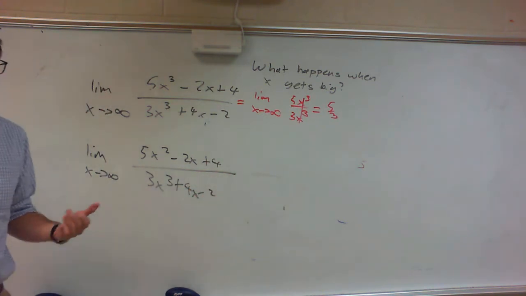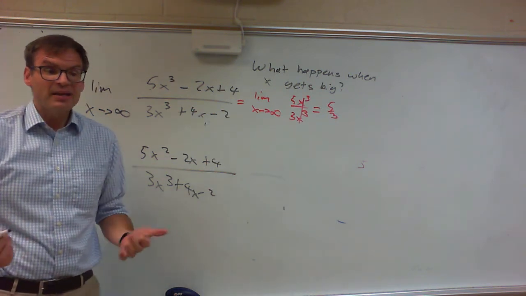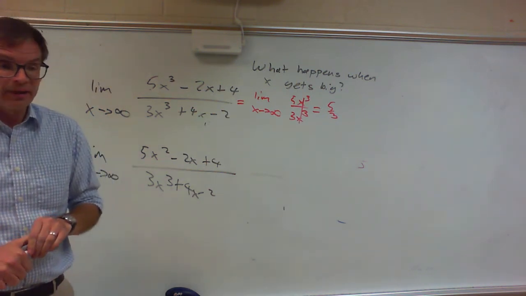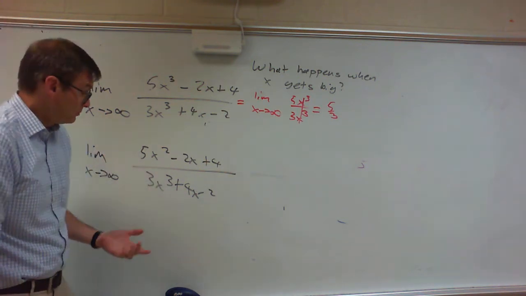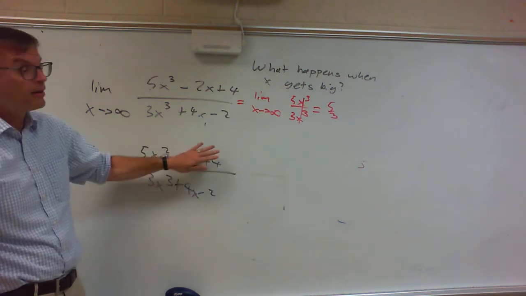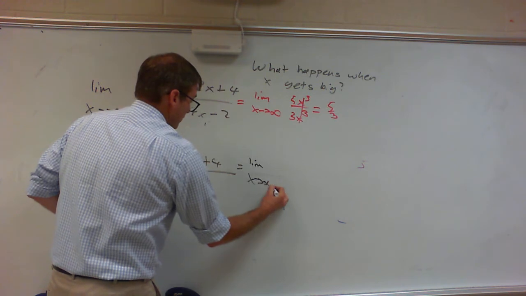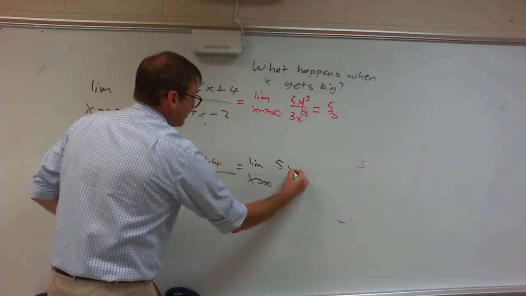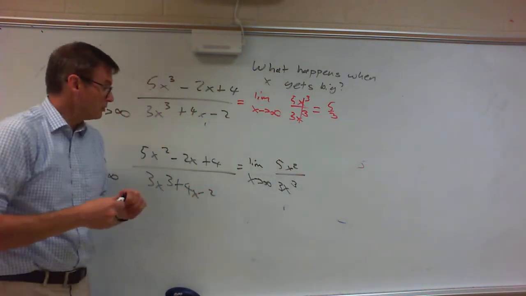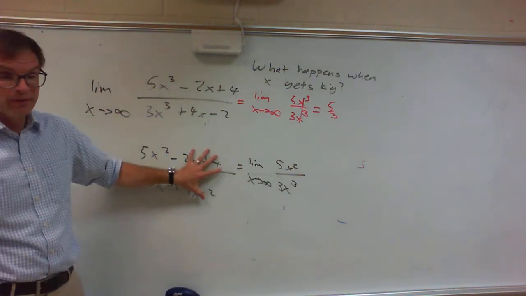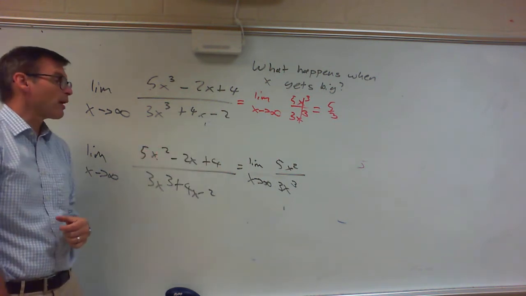And so now I want to know, what happens to this as x gets big? Well, the good news is I ask the same question. What doesn't matter? What's important when x gets big? When x is huge, these terms don't matter, so I'm just left with the limit as x gets big of 5x squared over 3x cubed, because you only care about your highest power on top and your highest power on the bottom.